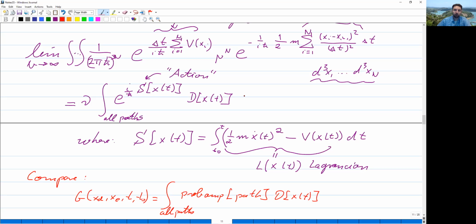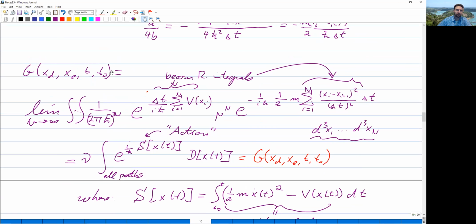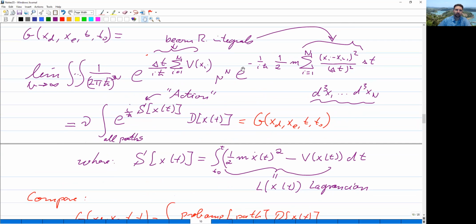And now we know that this is equal to G(x, x₀; t, t₀), right? Let me just show you that this is really where we started from. By the Trotter formula, then inserting resolutions of the identity, and then completing squares and integrating out the momenta, this is what we obtained here.